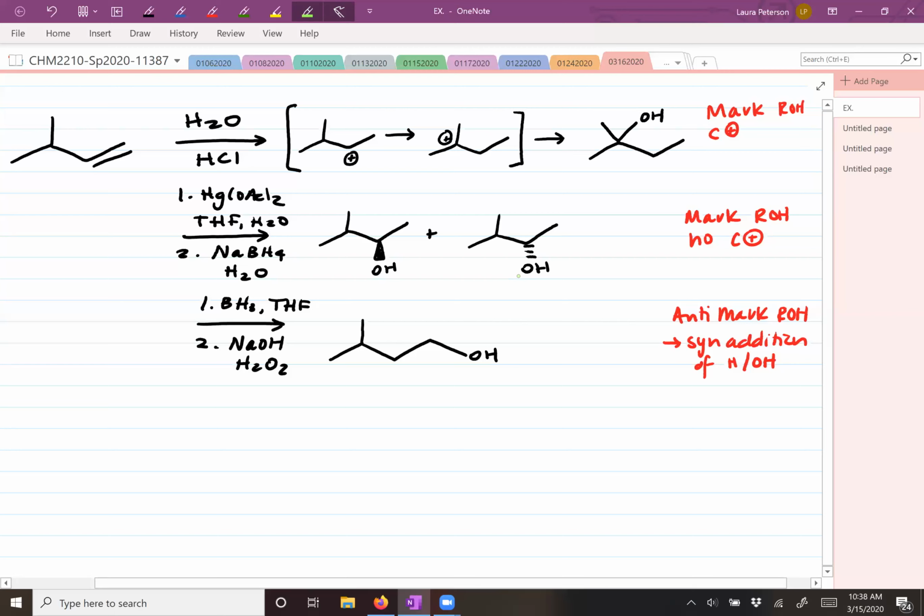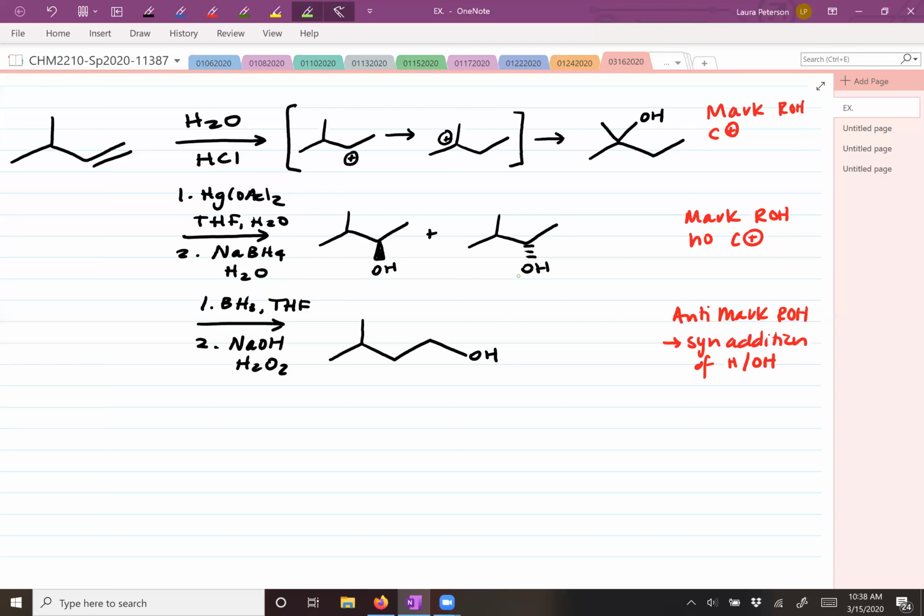That's not relevant in this particular example, but could be if you were generating chiral centers. Neither of the other two reactions, acid catalyzed hydration or oxymercuration reduction, had any stereospecificity in the final product. So the hydroboration oxidation was unique in that way.